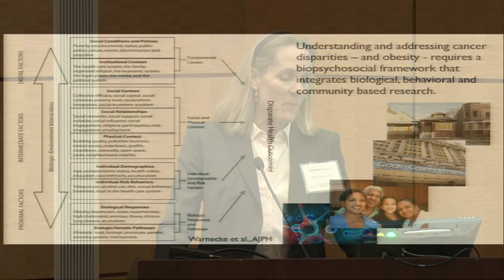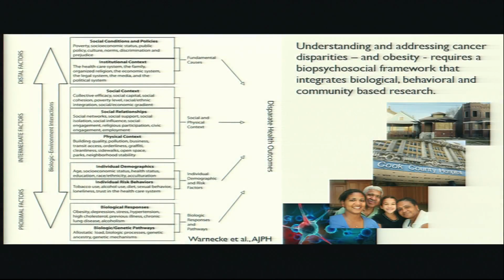So before I go into doing a very quick review of the studies that have been done, I present another model that also comes out of the Centers for Health Disparities that I think provides a really nice framework for understanding and addressing cancer disparities and obesity among cancer survivors.